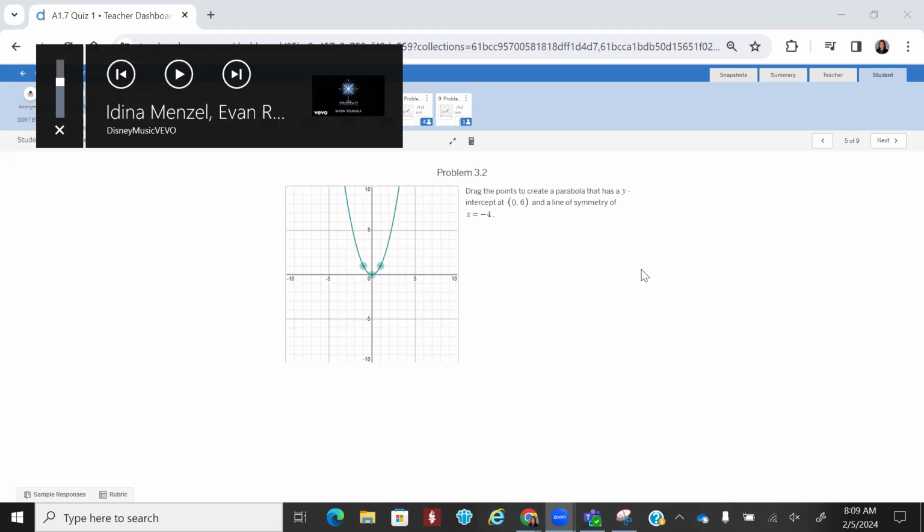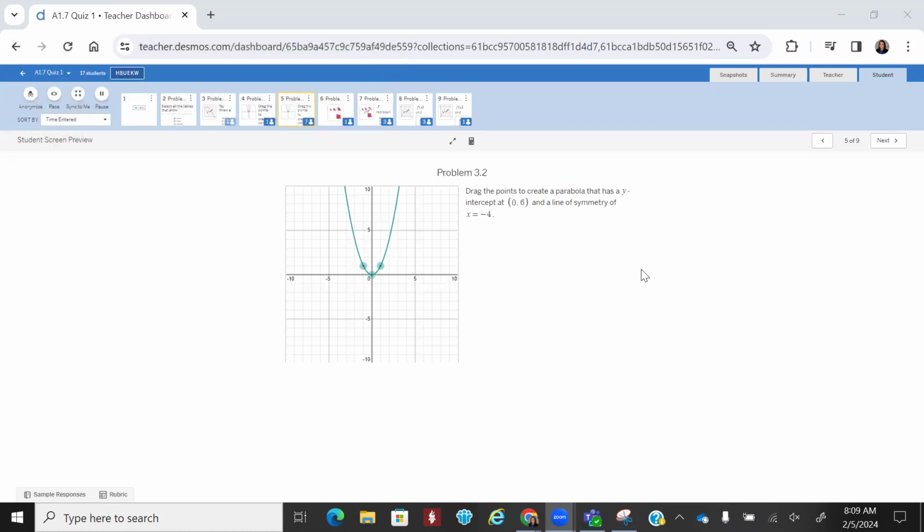So if I have a y-intercept at 0, 6, and a line of symmetry at x equals -4. Line of symmetry tells me what my x value is for my vertex. So let's move that guy. My vertex is going to be moving over where x is -4. Now, for the y-intercept of 0, 6, I'm going to bring this line down and get it to pass through 0, 6, which is right there.